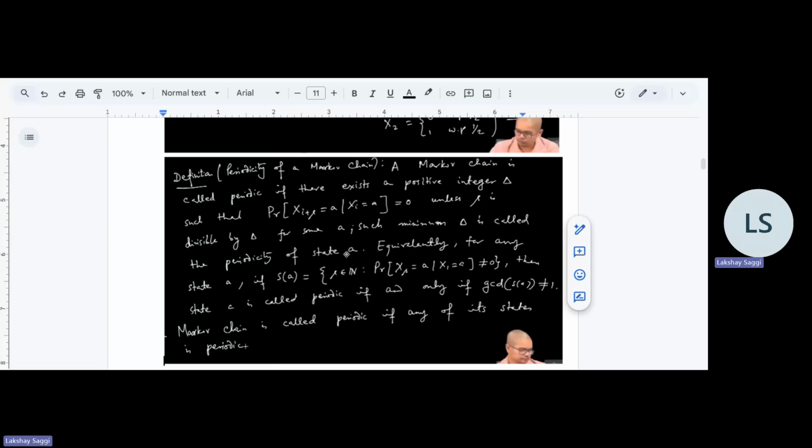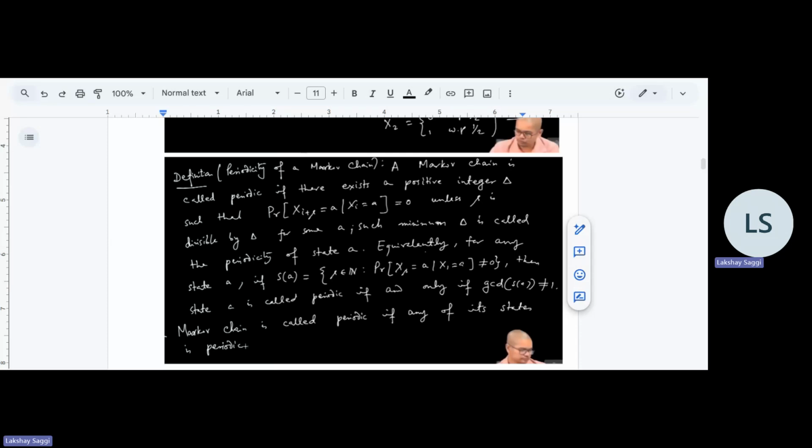One can have an equivalent definition for periodicity of a state. If you consider all the time steps such that the probability that xl equals a, given x1 equals a, is not equal to 0, then state A is periodic if and only if the GCD of all such time steps is not equal to 1.